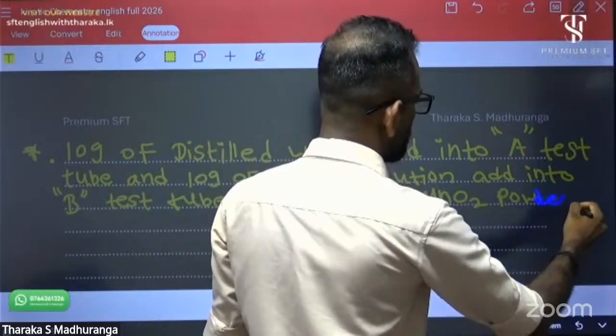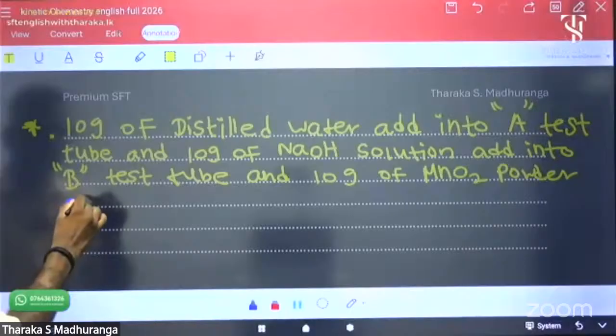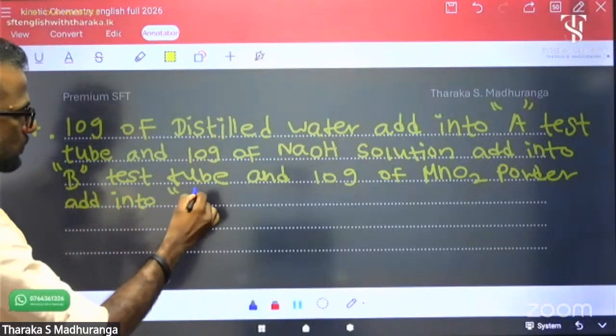It's a powder, right? Or solid. Add into the C test tube.